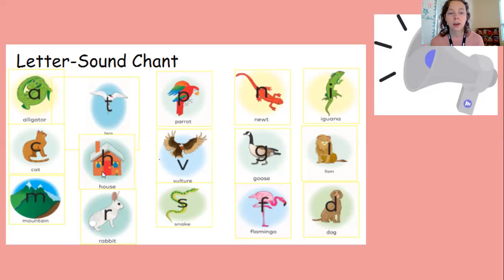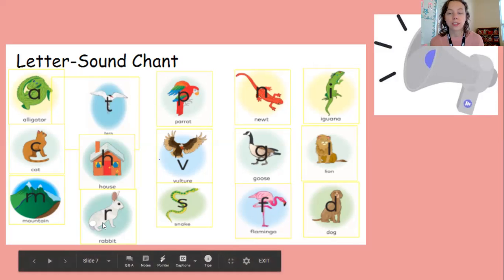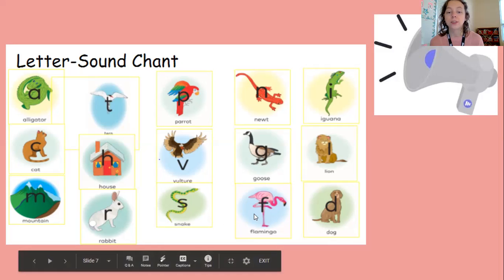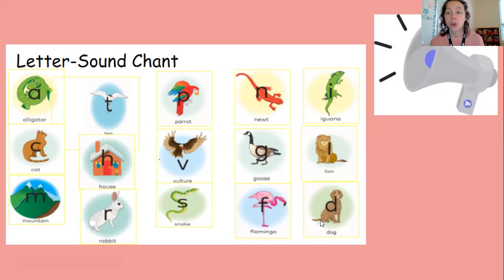H says house. V says vulture. G says goose. L says lion. M says mountain. R says rabbit. S says snake. F says flamingo. D says dog.